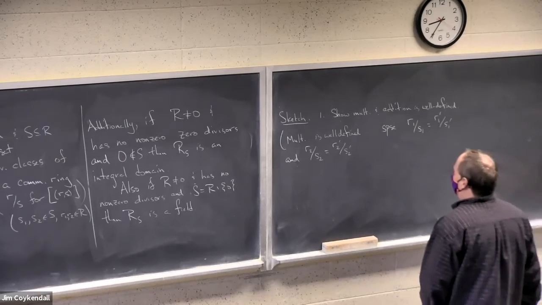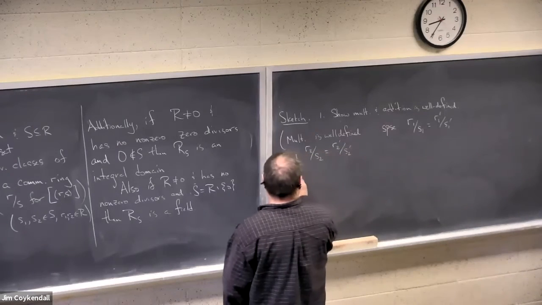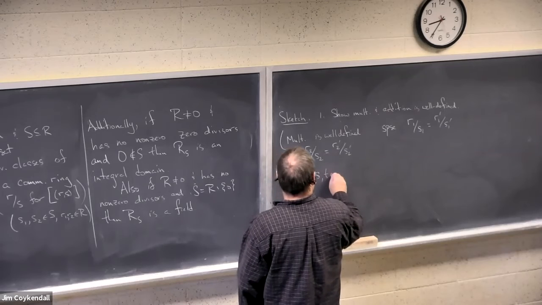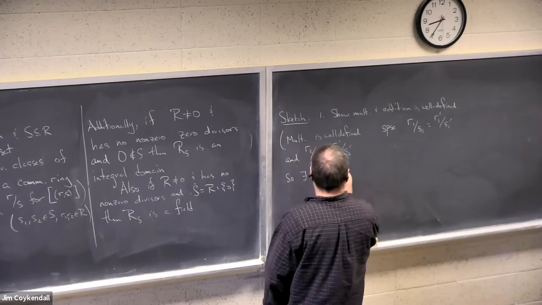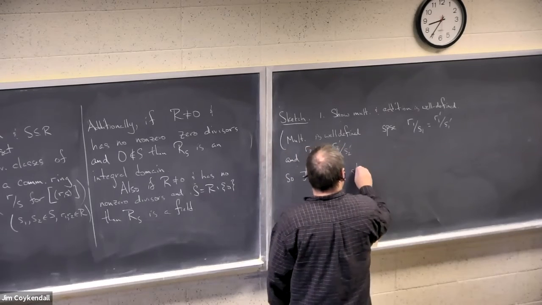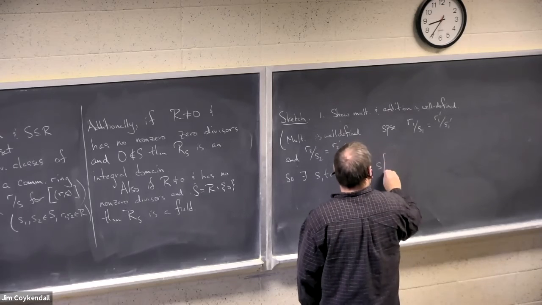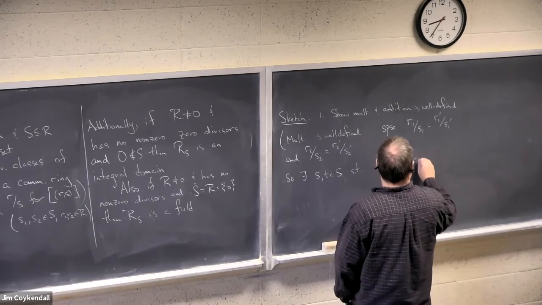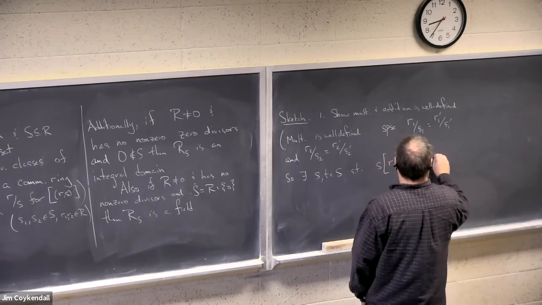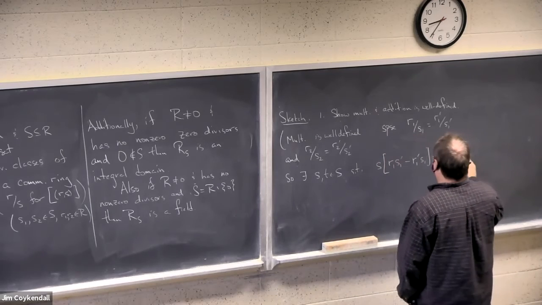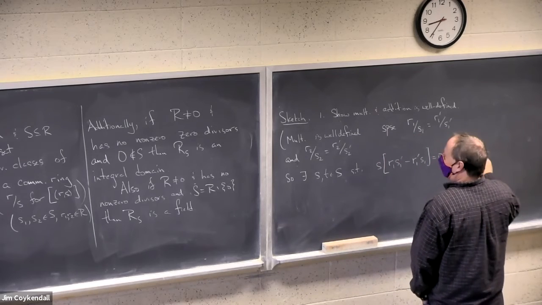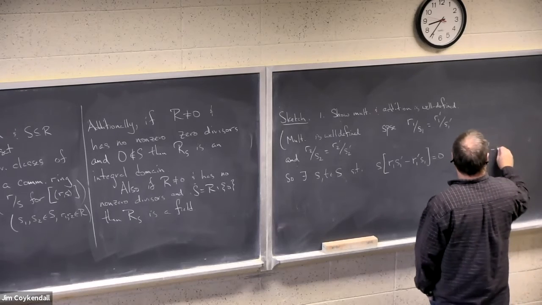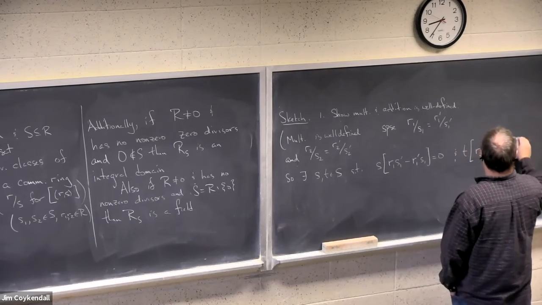So what does that mean? There exist s and t in S such that s(r1 s1 prime minus r1 prime s1) equals 0, and t(r2 s2 prime minus r2 prime s2) equals 0.